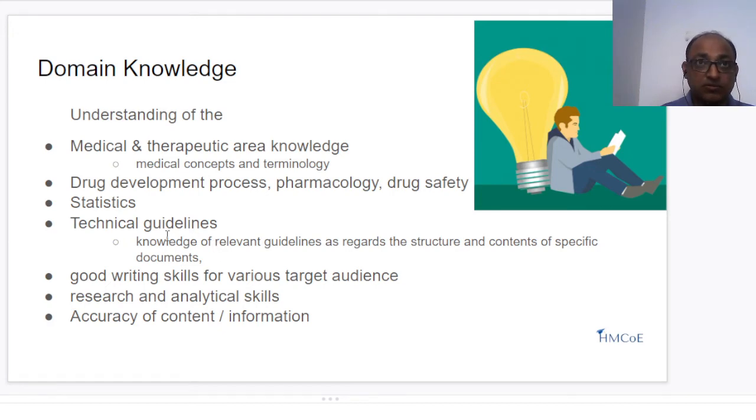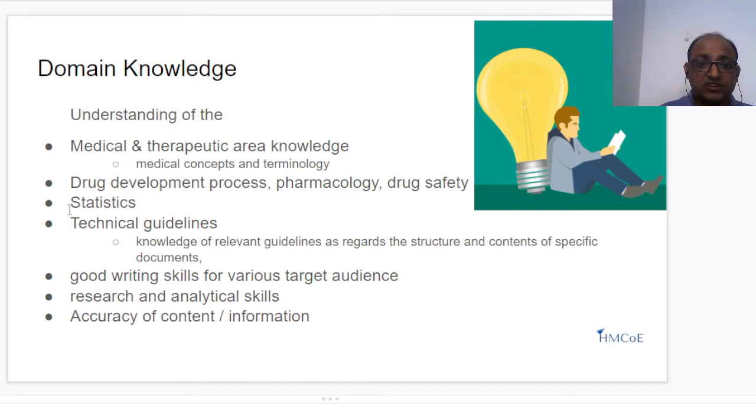And you have to be aware of the abbreviations and where those are used. When it comes mainly to the pharmaceutical industry, you have to be aware of the drug development process, the clinical trial process, what medicines are used, and what the drug safety norms are.